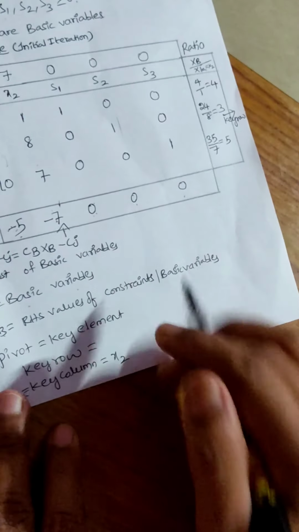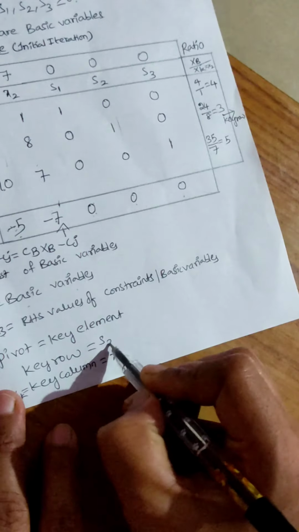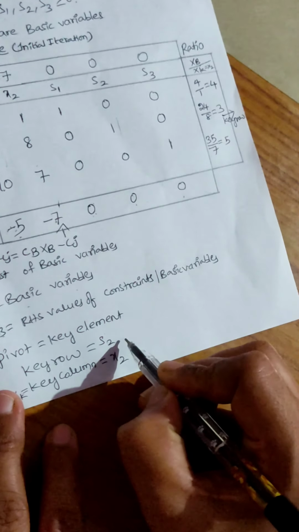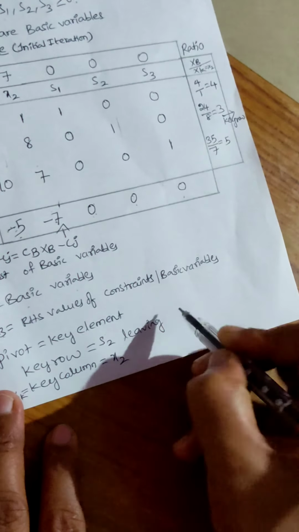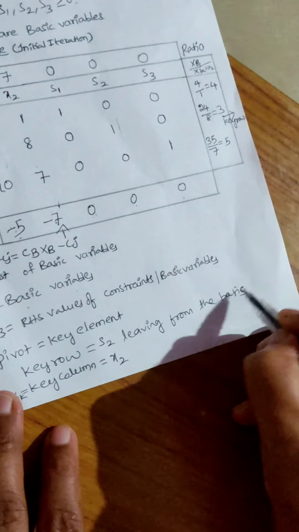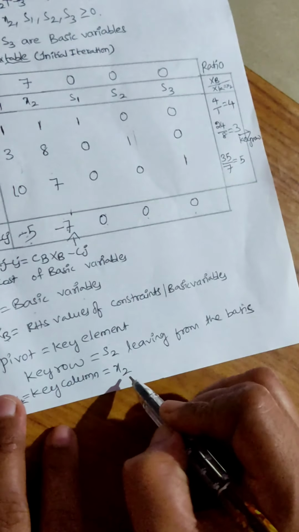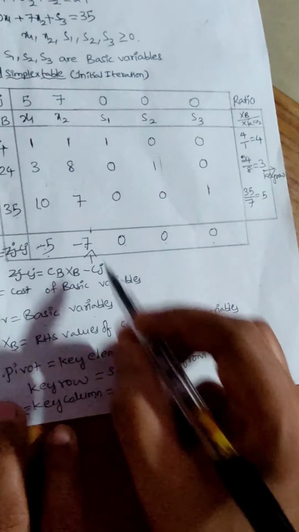What is our key row? Key row is S2. That means S2 is the key row which is leaving the basis. In place of S2, x2 is entering into the next table.